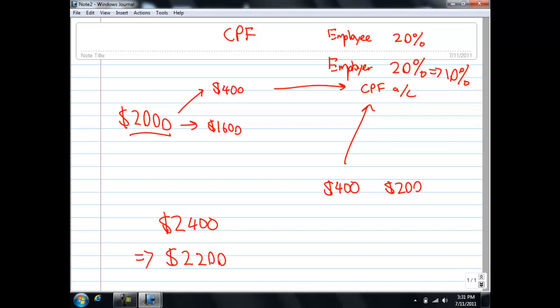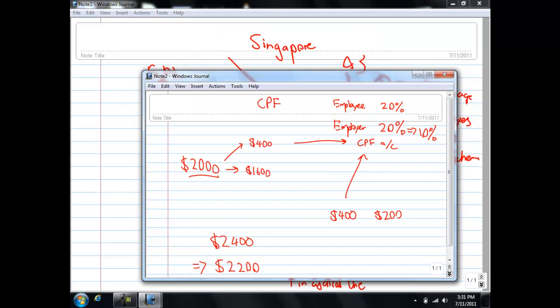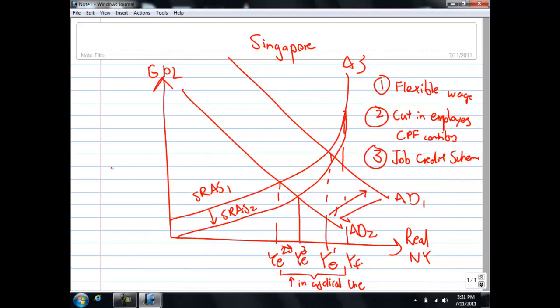So if you go back to the old note, as the cost of hiring you goes down, this will also shift the SRAS 1 to SRAS 2, thereby achieving the same fall in the cyclical unemployment. Now, job credit scheme works in a similar way.